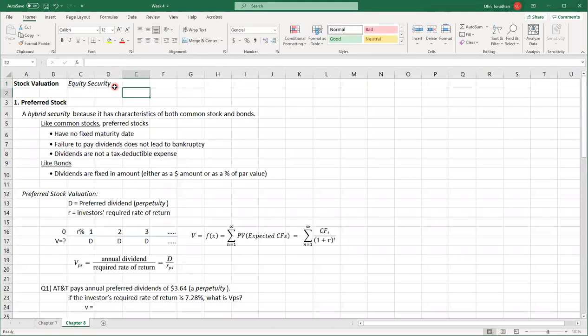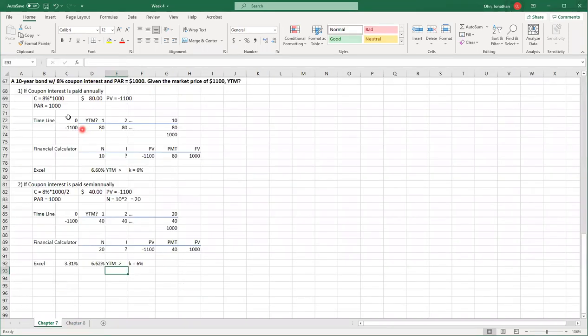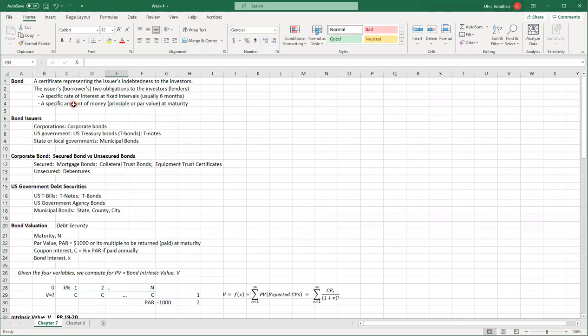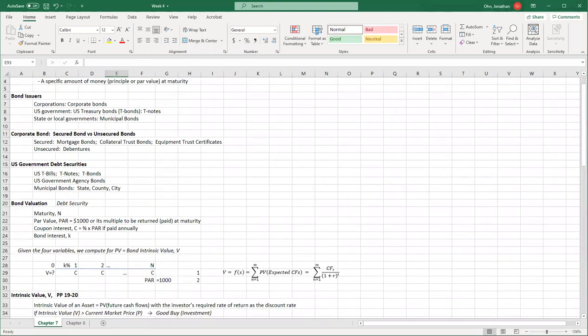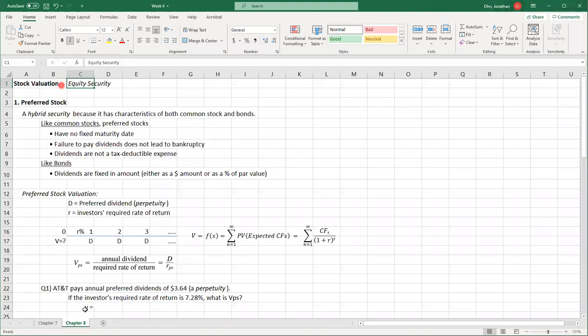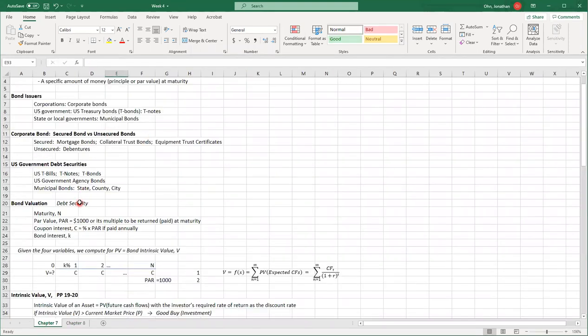Equity valuation. The difference from a bond, which is called a debt security, is that this one is called an equity security. With a debt security, once the corporation sells it to investors, the corporation becomes a debtor.